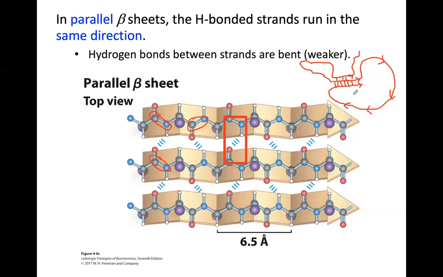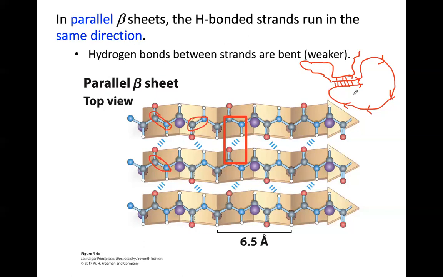Where are beta sheets usually seen? There are some structural proteins, because they're pretty strong as well. Actually, we'll look at some examples later on, like silk protein, for example. And we will look at some globular proteins which are in solution.